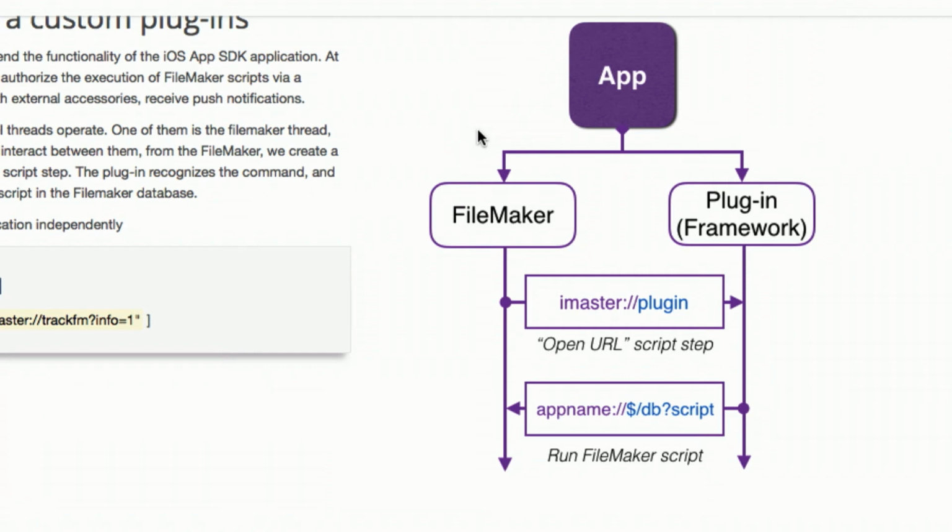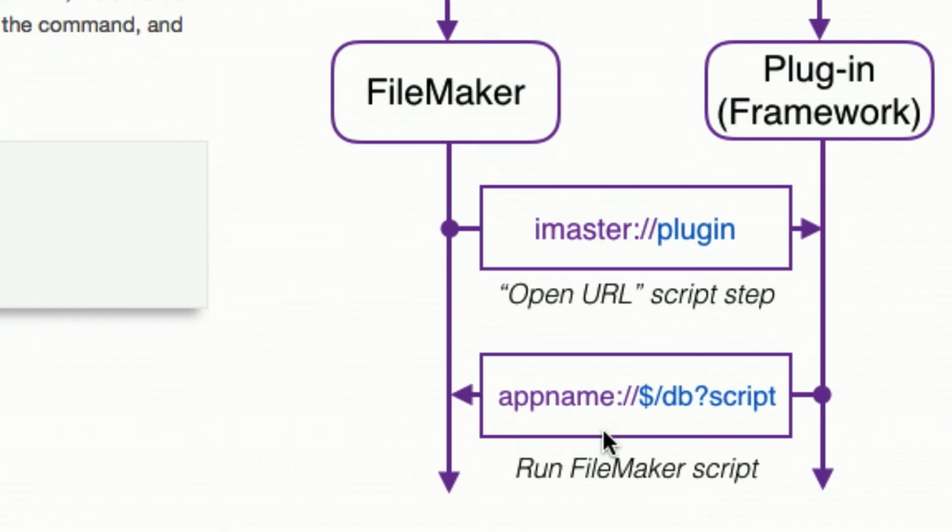To talk with each other, we are using a standard prefix: app name, DB name, and name of the script to communicate from plugin to FileMaker. And when we talk from FileMaker to the plugin, we're using our own internal URL, using imaster, then colon and two slashes, and the name of the plugin.